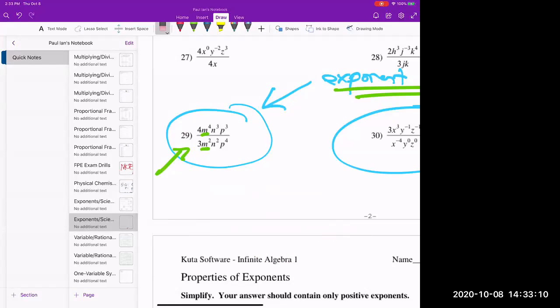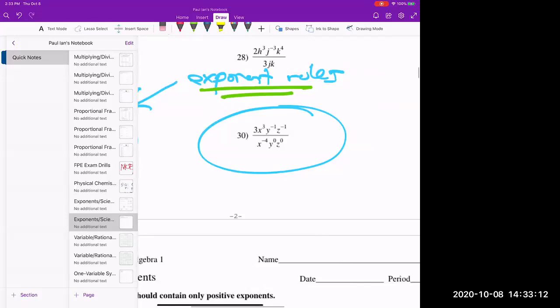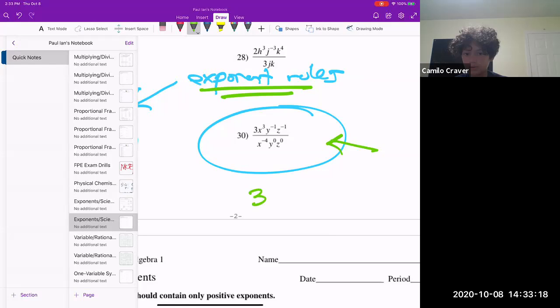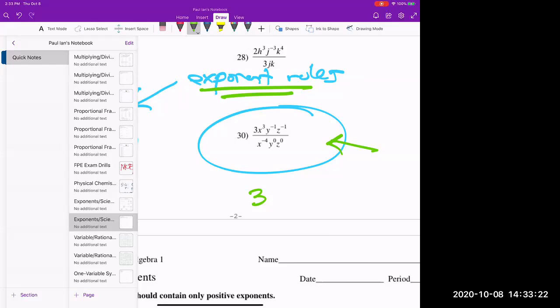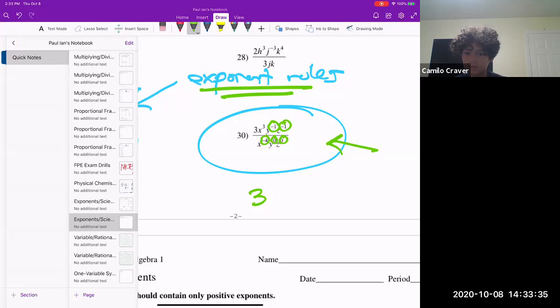Okay, let's try this one right here. What do you do first? This is a little confusing. The first thing I usually do is get rid of these negatives so that it's not confusing. And these zeros, what do these zeros mean? 1. So they're pretty much gone, right?